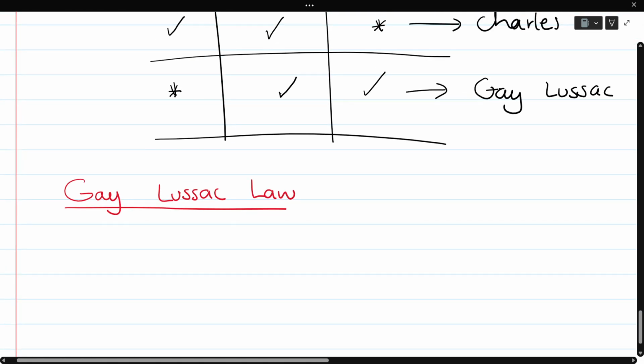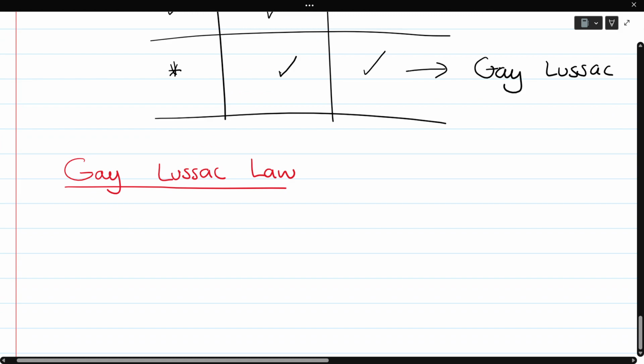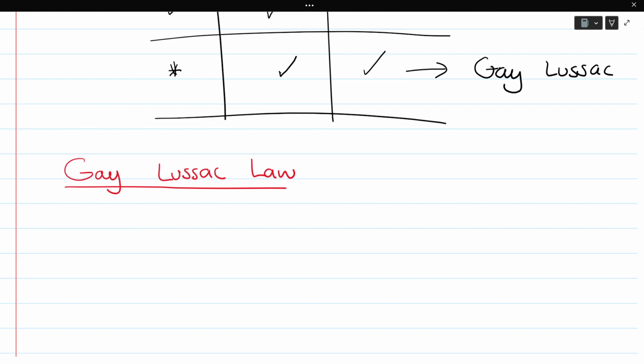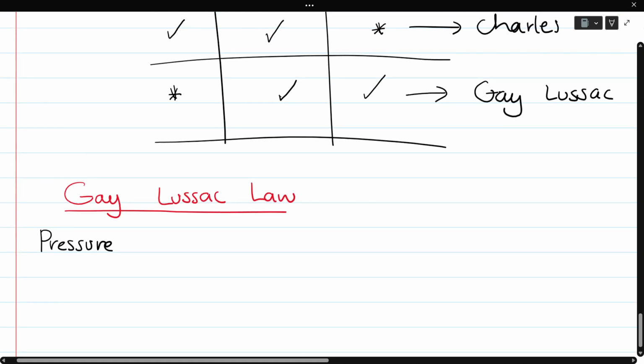Okay, so the guideline definition for this law says that... okay, they don't give you a guideline definition, so we're just going to make up one. So we're going to write it as the pressure of a gas of an enclosed gas.